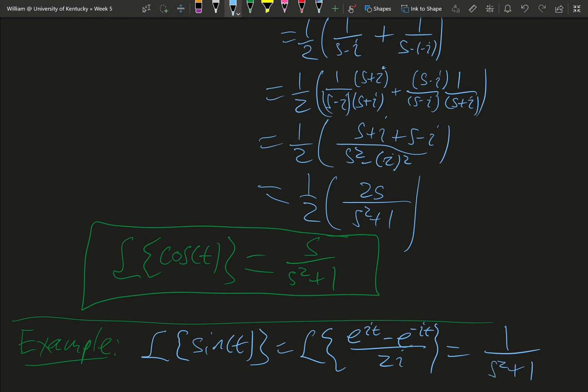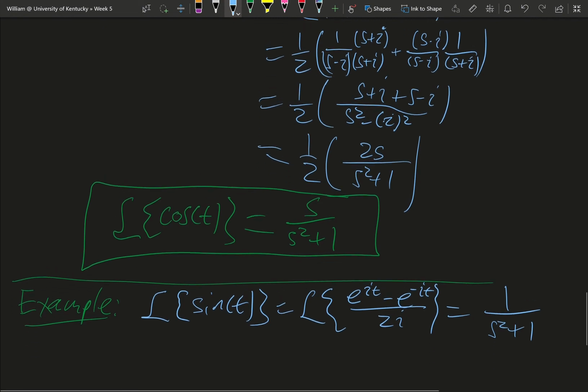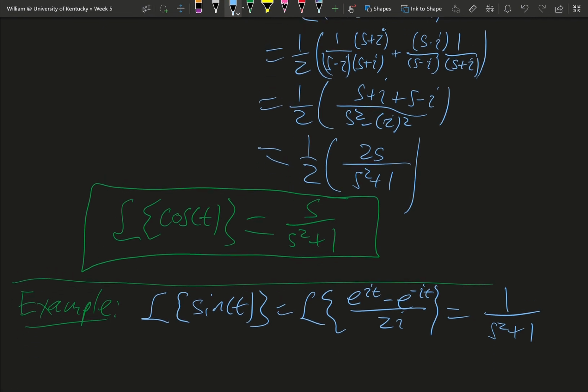And of course, there are different ways of seeing that. We could also use the fact that sine is negative the derivative of cosine and compute it that way. So there are lots of different ways to compute these different things once we know a couple.